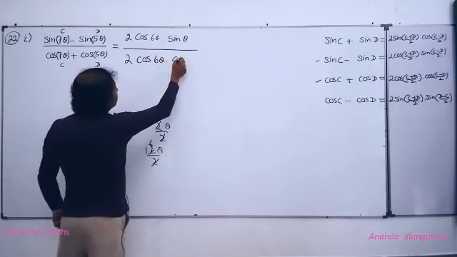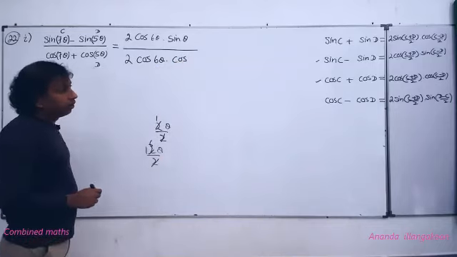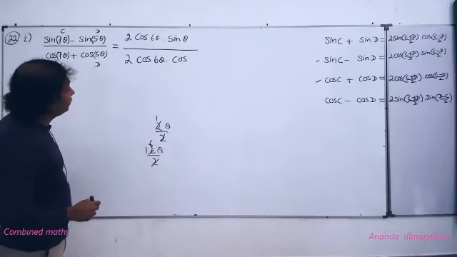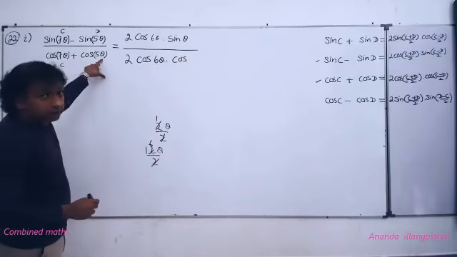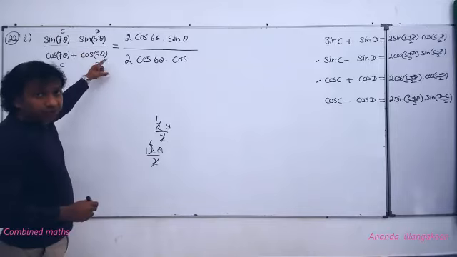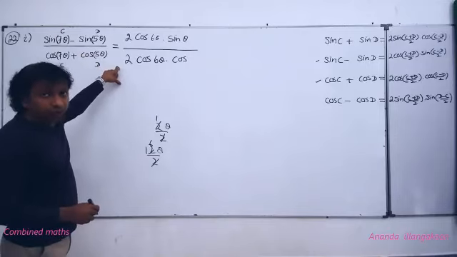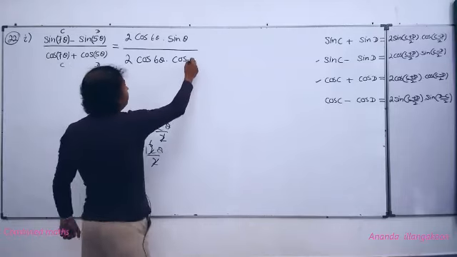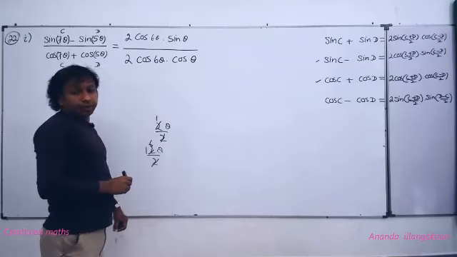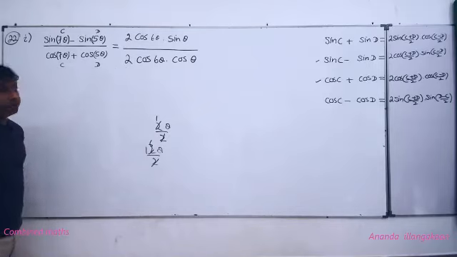The second ratio is also cos of C minus D: 7 theta minus 5 theta is 2 theta, divided by 2 gives theta.